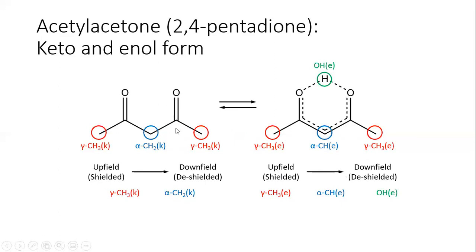Here we can also compare the alpha protons. Here, the CH2 is an sp3 carbon, while here the H is connected to an sp2 carbon because there is a double bond here, right? So it's an sp2 carbon. Now, a proton that is connected to an sp2 carbon should be more downfield compared to one that is connected to an sp3 carbon.